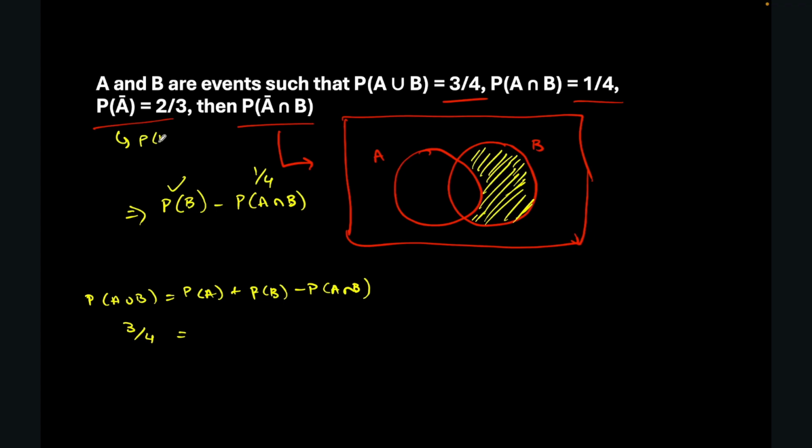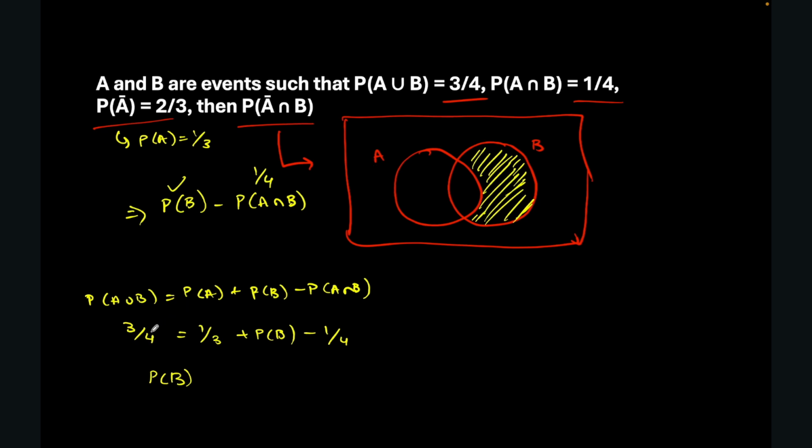So the probability of A is just 1/3, because remember, it's the probability of everything happening, but A not happening is 2/3, so obviously the probability of A happening is 1/3. So this is 1/3 plus the probability of B minus the probability of A and B, which is 1/4. Have I done that correctly? Yes, I have. So this should be the probability of B.